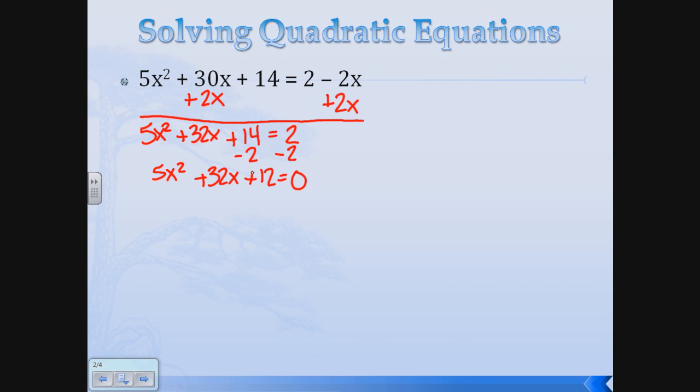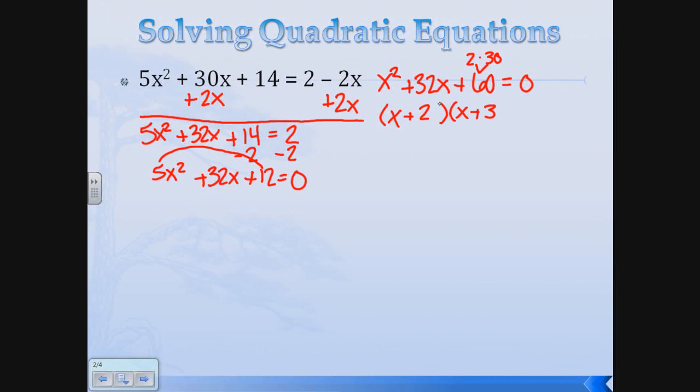Then using factoring, we're going to do, say, 5 times 12, so that we get x squared plus 32x plus 60 equals 0. So then factors of 60 that make 32 is 2 times 30. So it factors as x plus 2 and x plus 30.